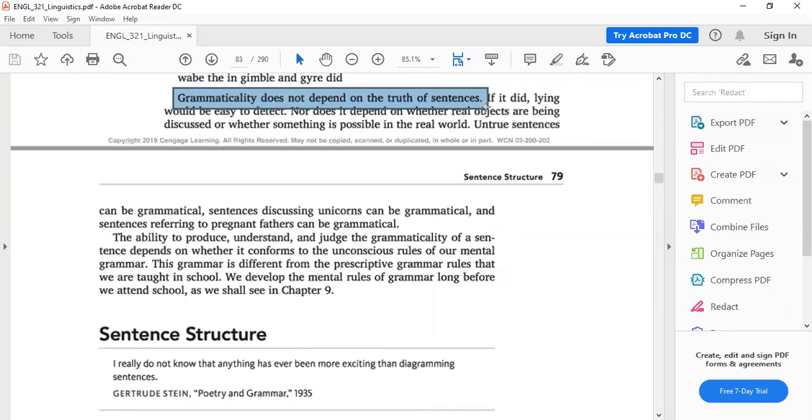Now, if grammaticality depends on the truth value, then colorless green ideas sleep furiously must be defined as ungrammatical.